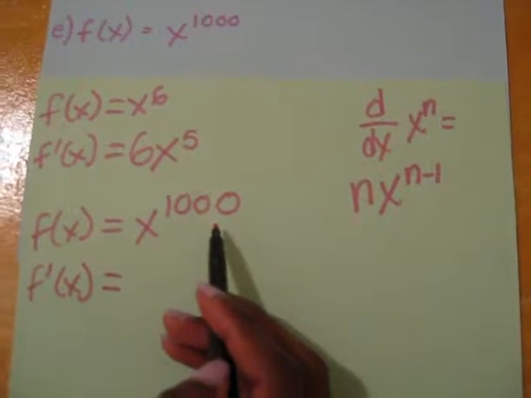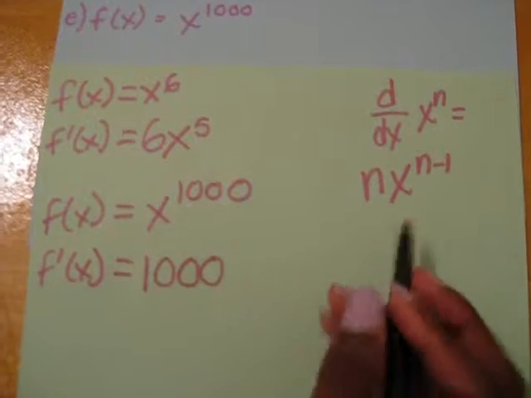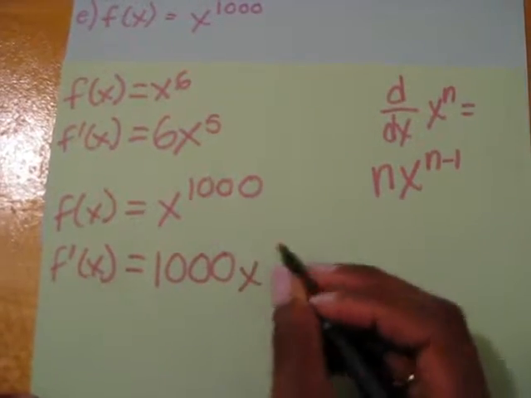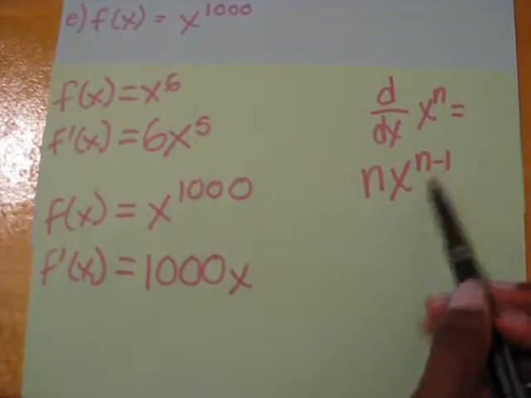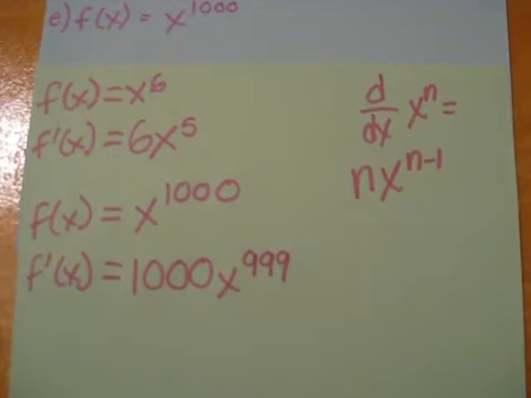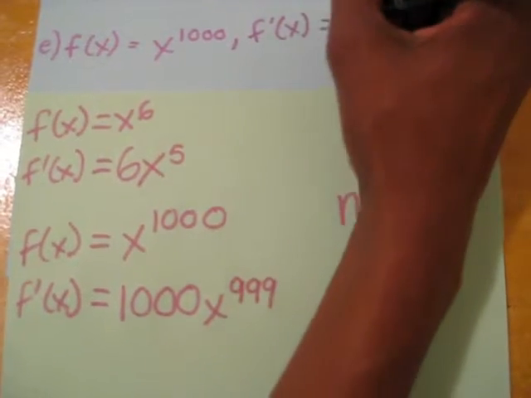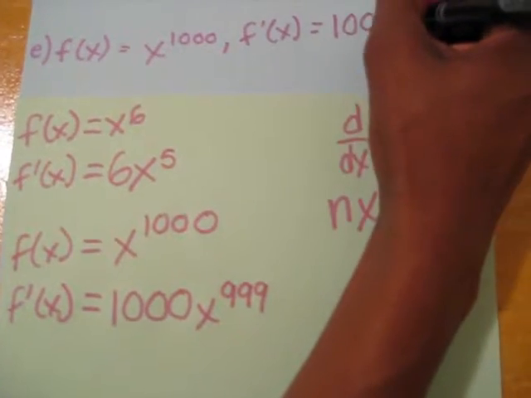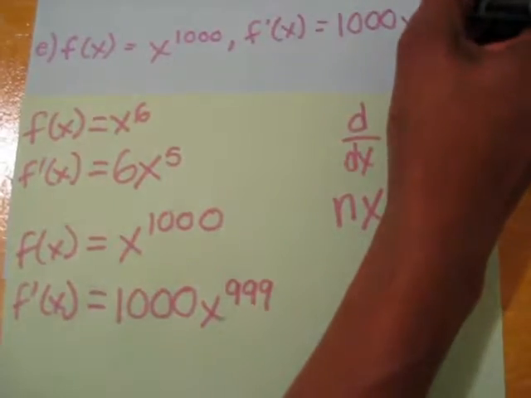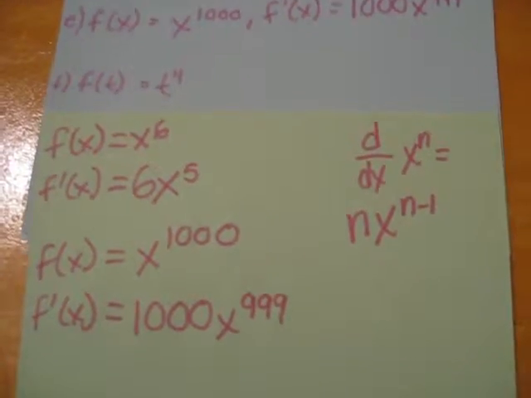You bring down the power, 1000, leave the variable x, and then do 1000 minus 1, which is 999. And there's your answer.